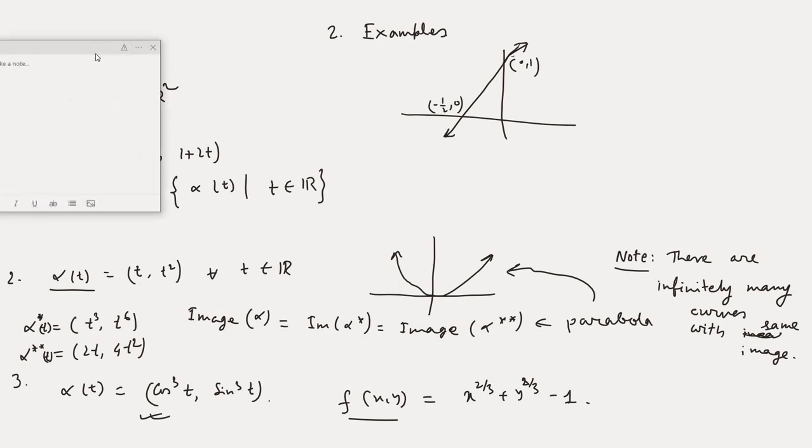The picture for example 3 is the following: this is (1, 0), this is (minus 1, 0), this is (0, 1), and this is (0, minus 1).